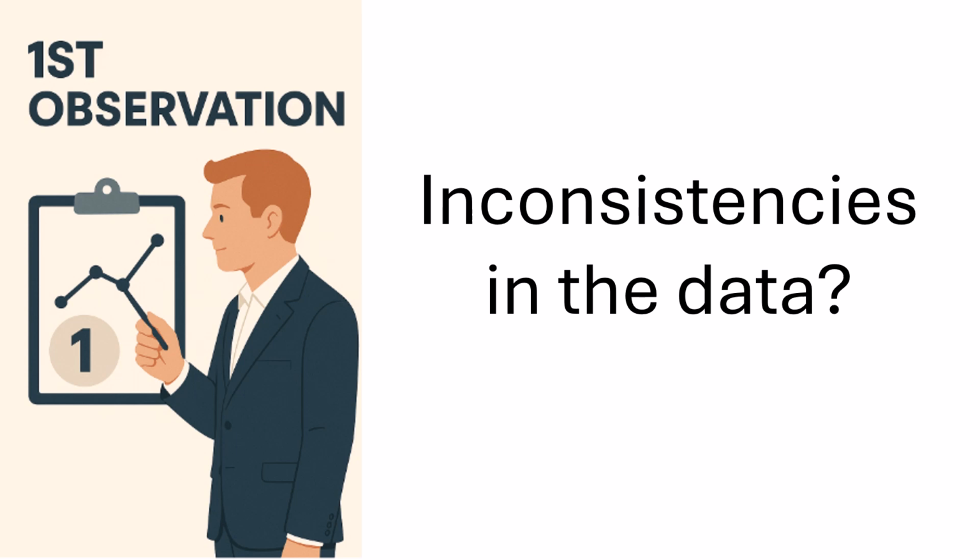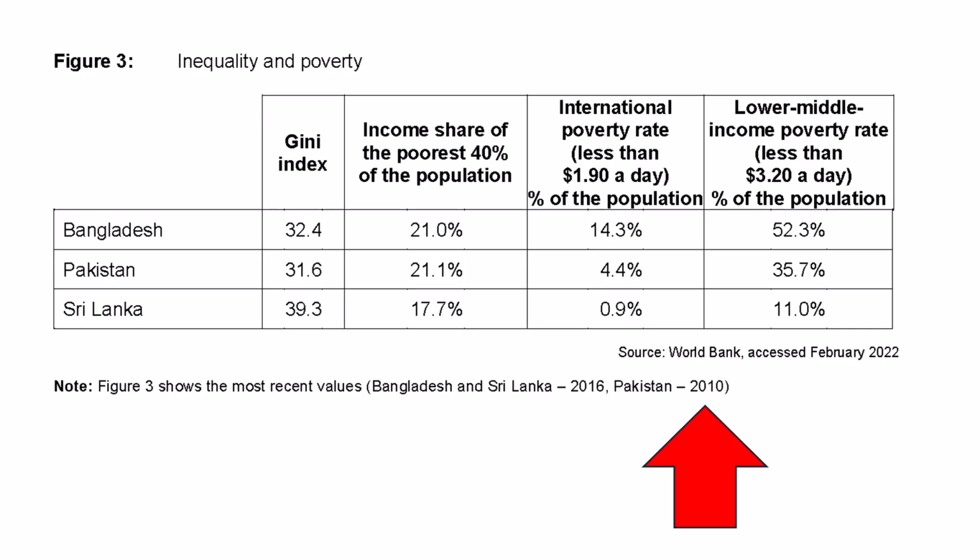Now, I want to give you an example from a case study where it actually shows you the figure. As we can see in this figure, you see these values and how they differ in terms of the year of when it was last sourced or updated. If we look at, for example, Pakistan, their values are from 2010, whilst Bangladesh and Sri Lanka is 2016.